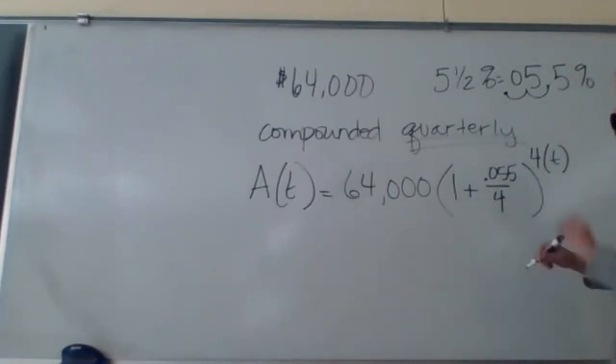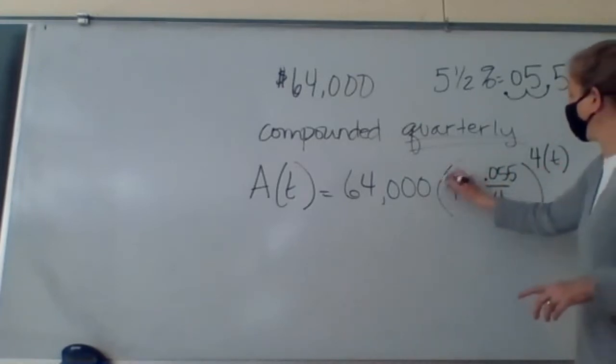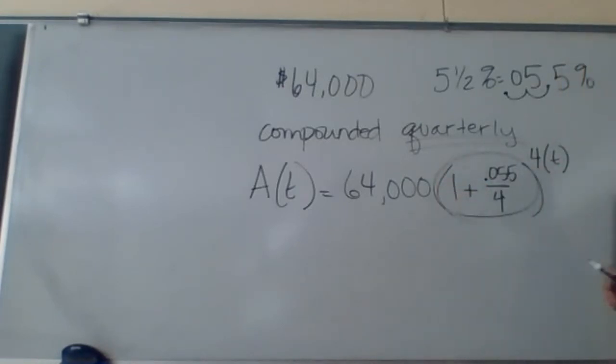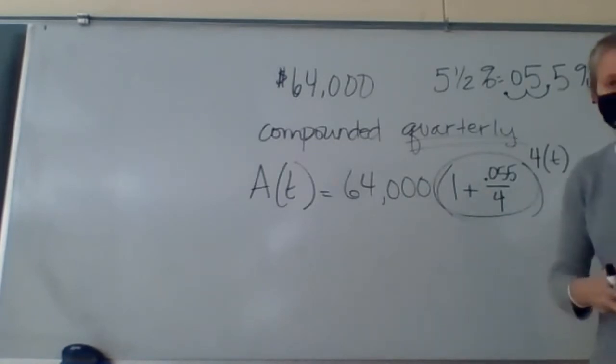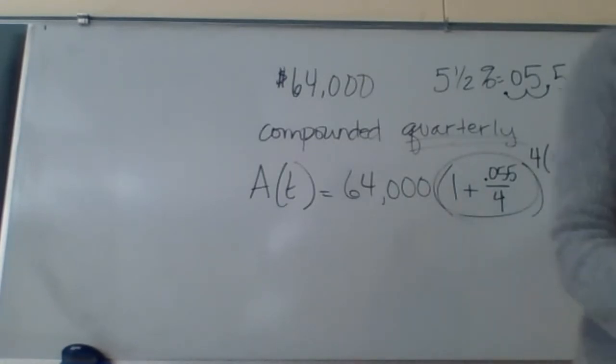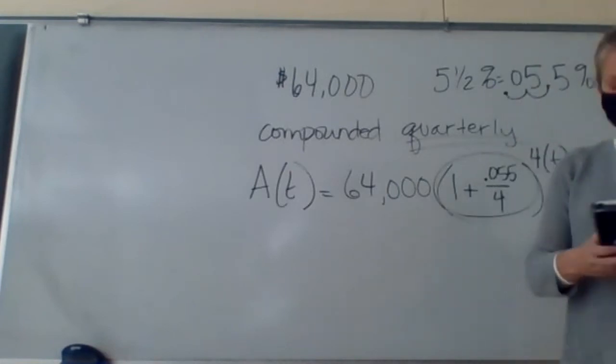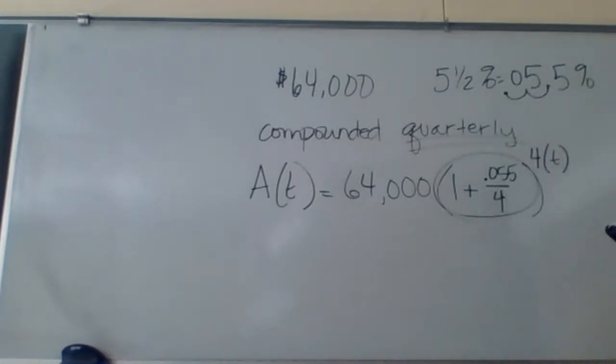So here's the formula, except for one thing. They want you to actually write that out as a full decimal, or just combine all that. So just in your calculator, do 1 plus 0.055 over 4.